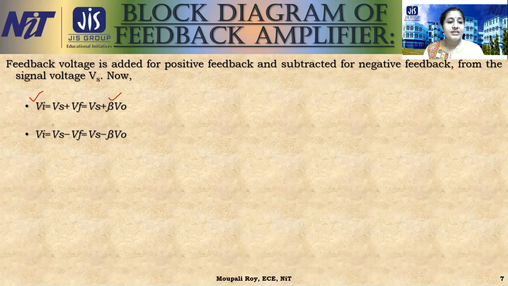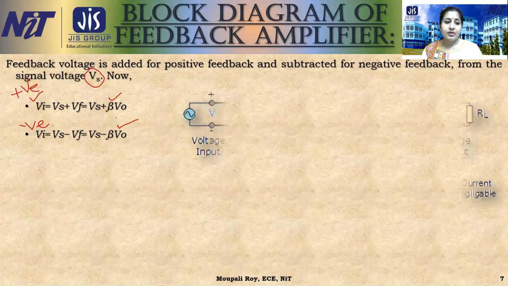For positive feedback, Vi is equal to Vs plus beta V0, and for negative feedback, Vi is equal to Vs minus Vf, that means Vs minus beta V0. Here we consider Vs as the signal.